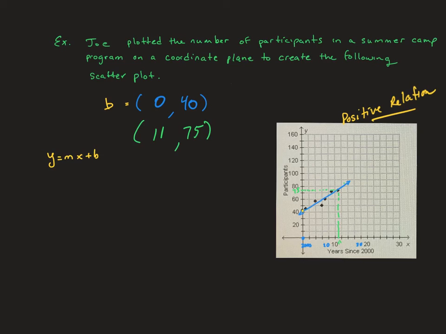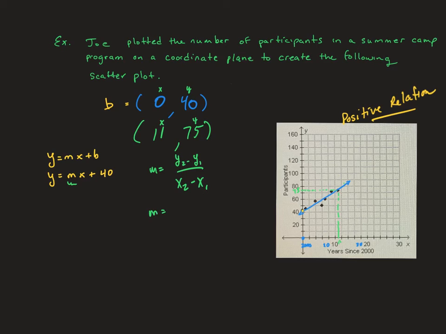So I already have mx plus 40, because 40 is the starting number of participants I have. But I do need to find out what m is, and hopefully you remember that we can determine m by using y2 minus y1 over x2 minus x1. And we have those x and y values right here that we can use.